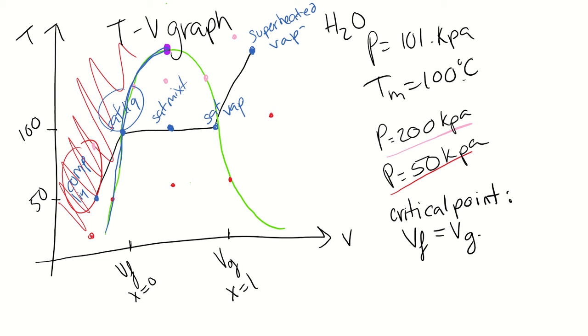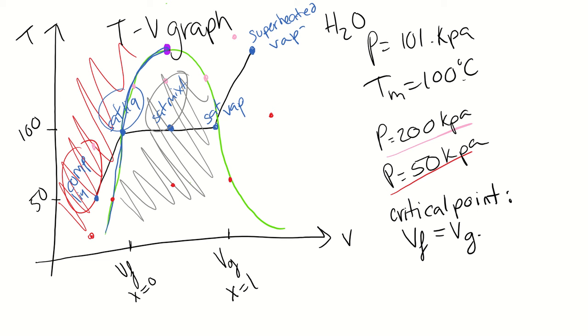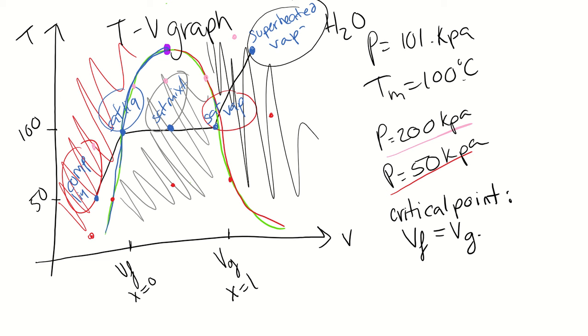Then we have a mixture of liquid and vapor, which is under the curve. The right side of the curve is the saturated vapor line. And finally, what's to the right of the curve is the superheated vapor region.